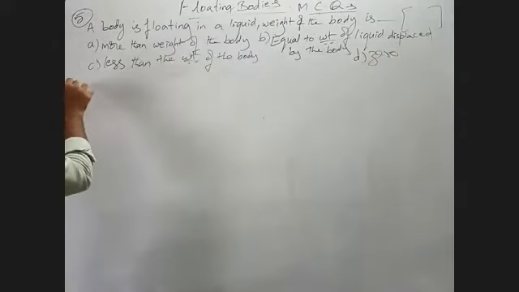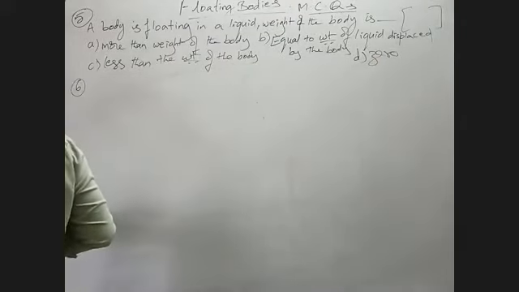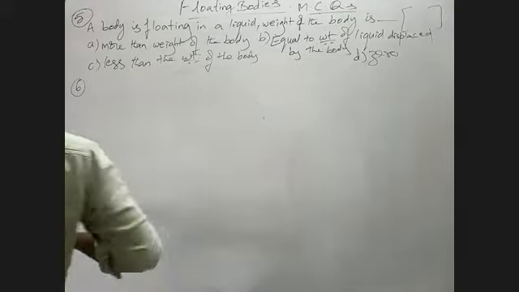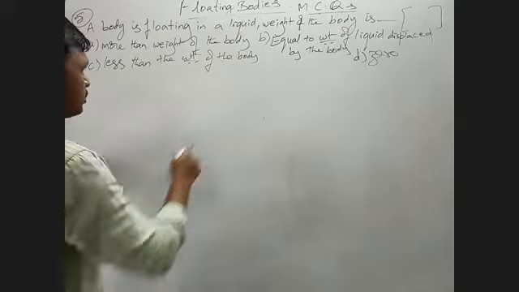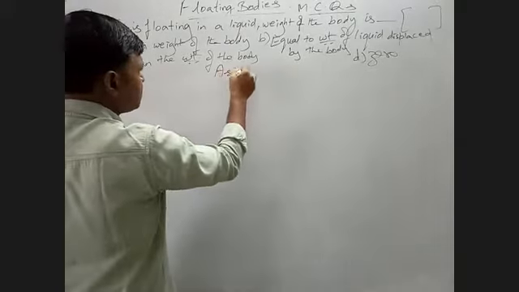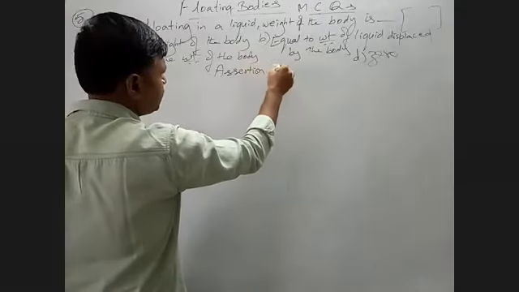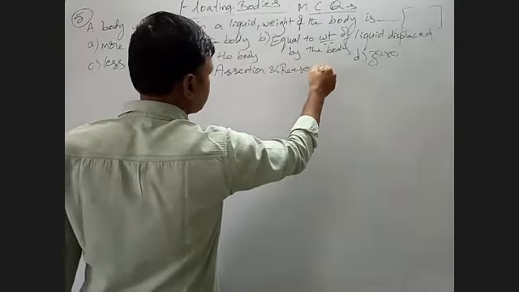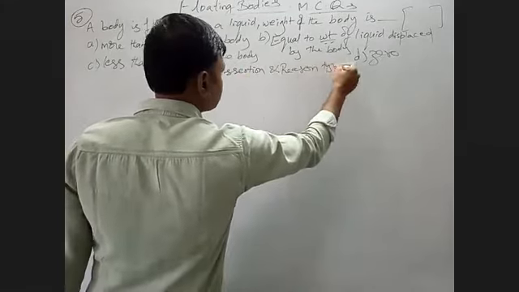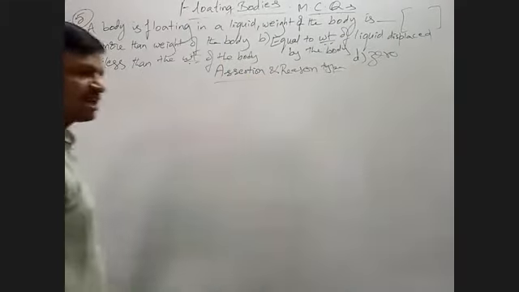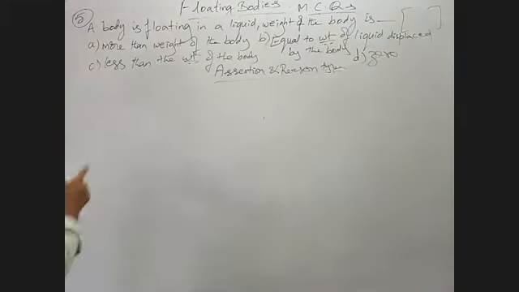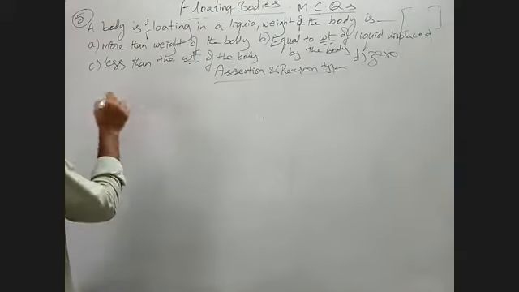Okay, next question. From here we start assertion-reason type. When I am writing assertion-reason type, I should write the options also.